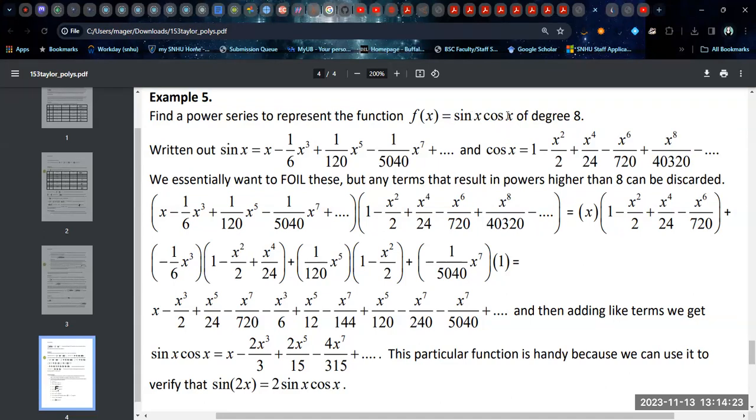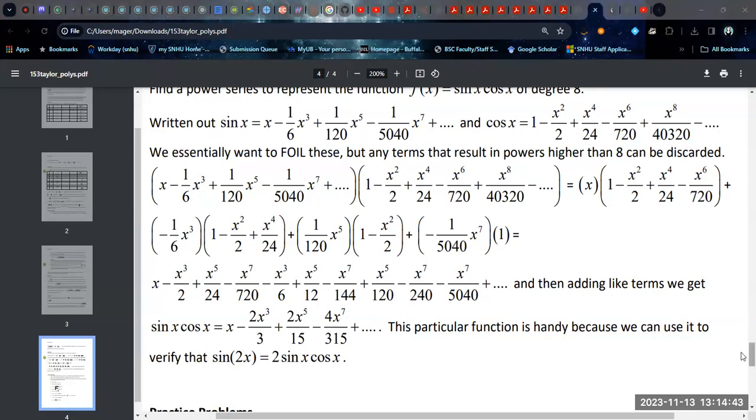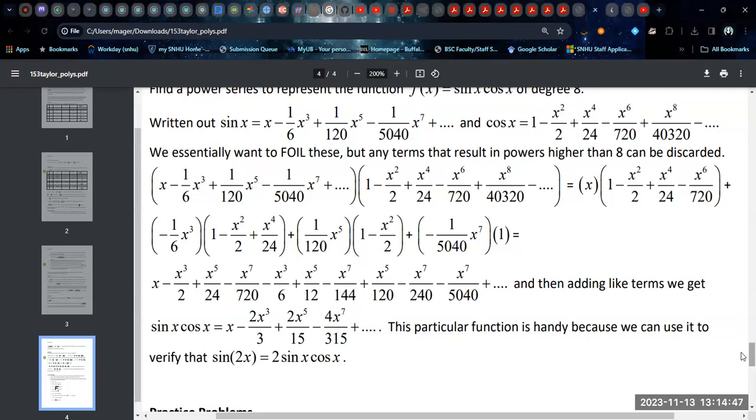Now, sine x cosine x is equivalent to 1/2 sine 2x. And so there is another way that I can generate this polynomial or verify my results, and that is by using this identity and then doing the calculation that way, as we did with substituting negative x squared into the exponential function.